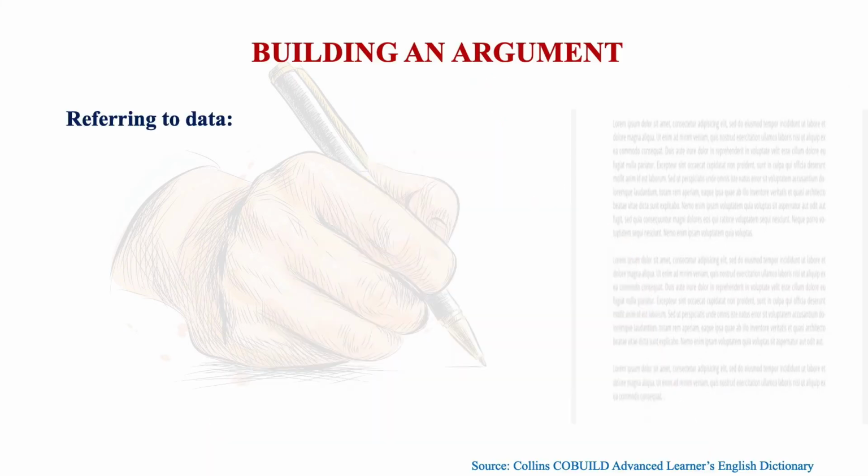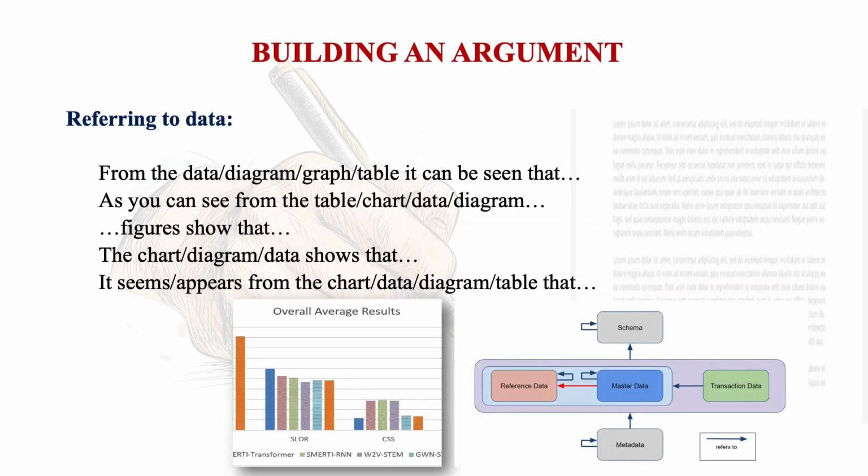You can also refer to data, and there are research scholars also, who make use of data in their research work. To express their data information, they can use phrases such as "from the data," or "from the diagram," "from the graph, it can be seen that" so and so has happened.